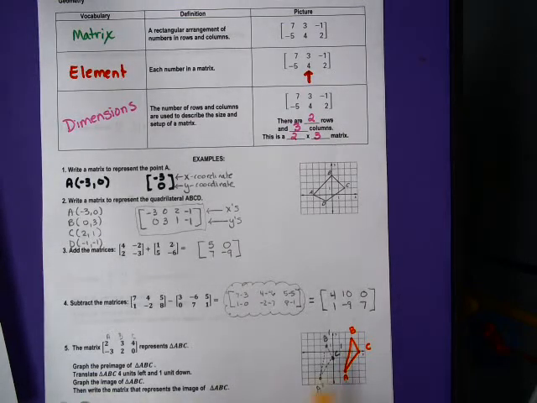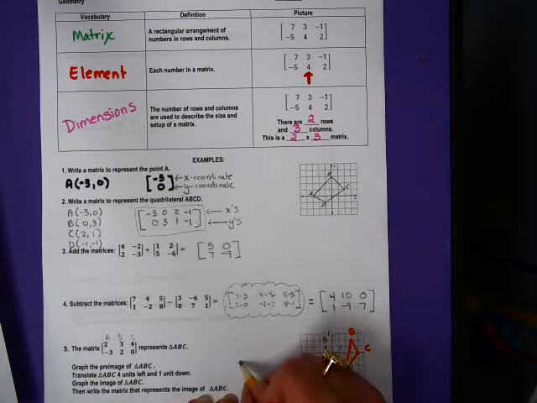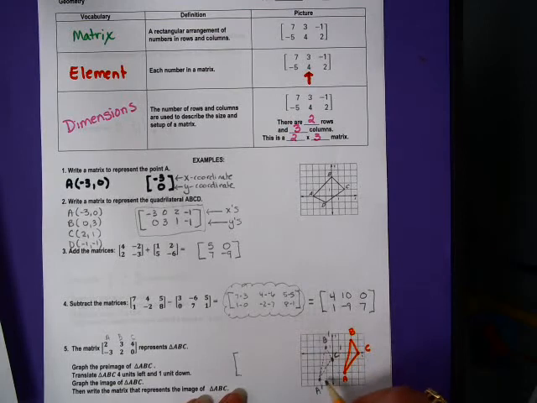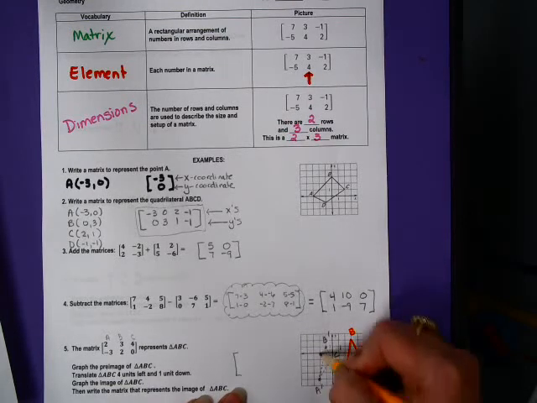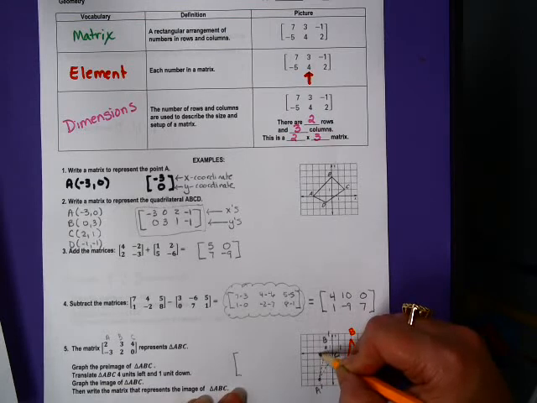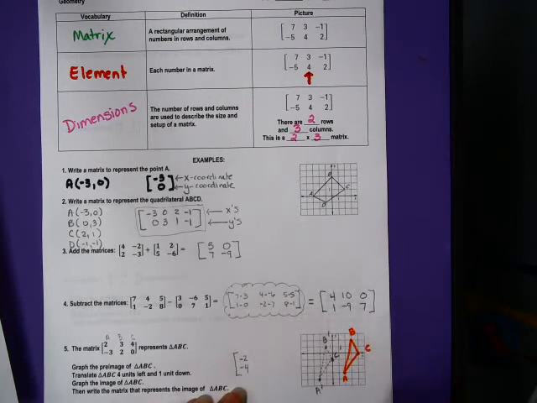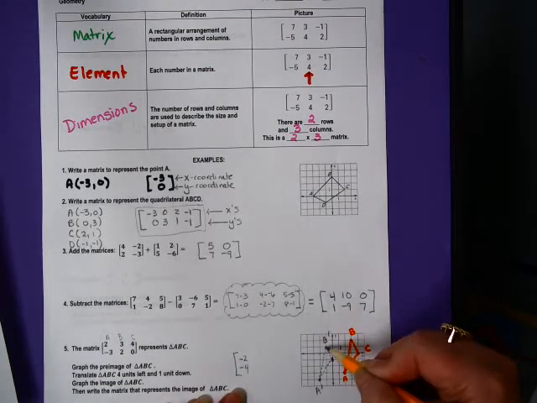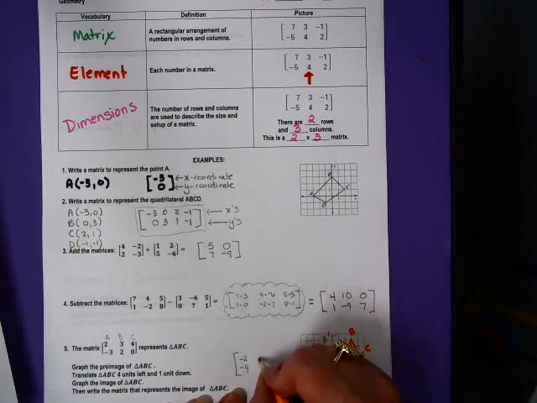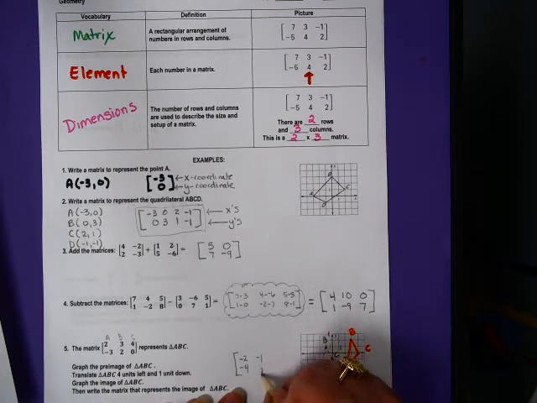Okay, and now that we have this, we want to write a matrix that represents the image. So my new matrix here is going to be, A prime at negative 2, negative 4. My B prime is going to be at negative 1, positive 1.